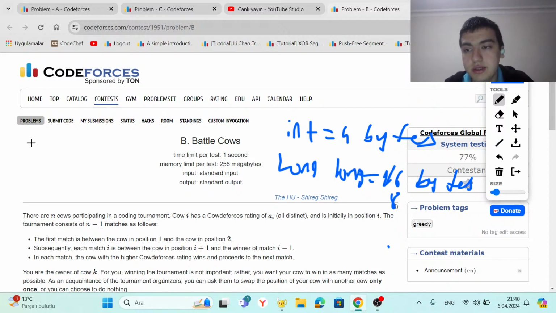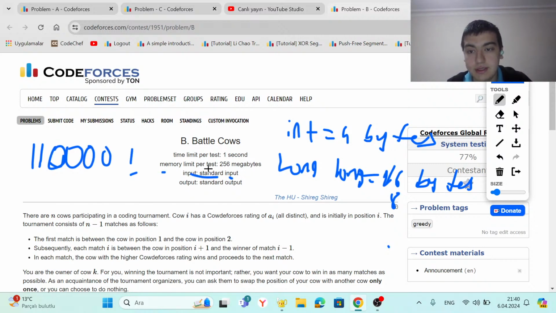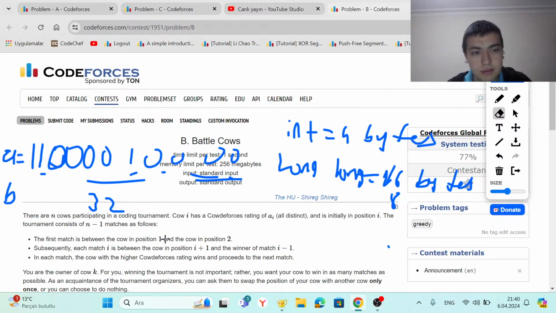long. Let's say an integer is 4 bytes, which means 32 bits, like 1100000001 and so on, 32 digits, and let's say this is number a, and b is something else, which is not important.